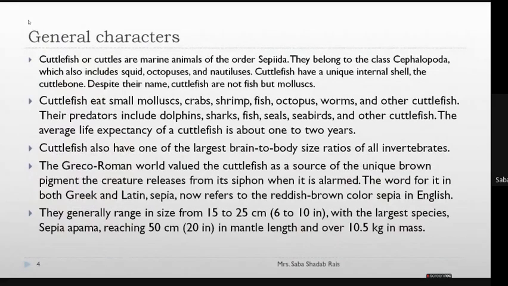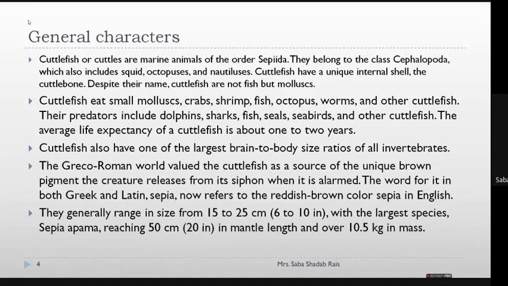Generally, they are marine animals of order Sepiida. When we talk about their class, they belong to the Cephalopoda. Note down the Cephalopoda. The term cephalo means head, poda means the appendages.